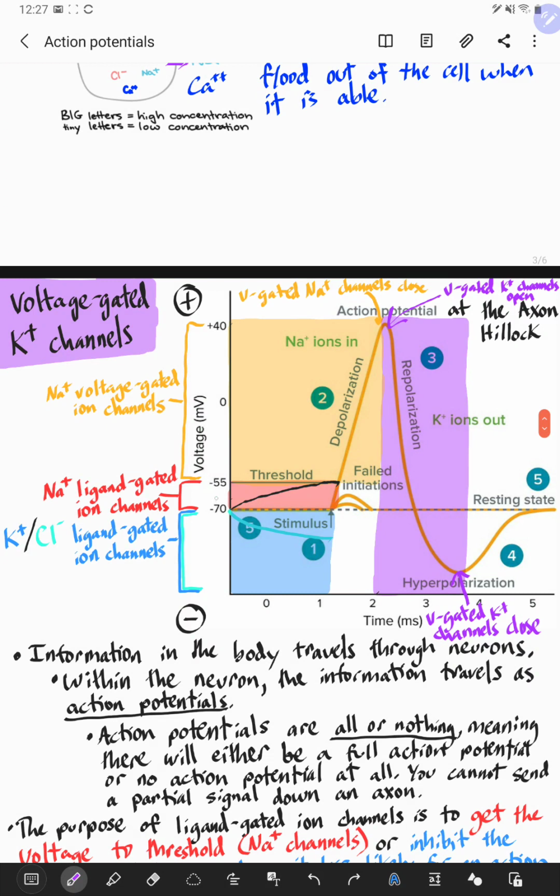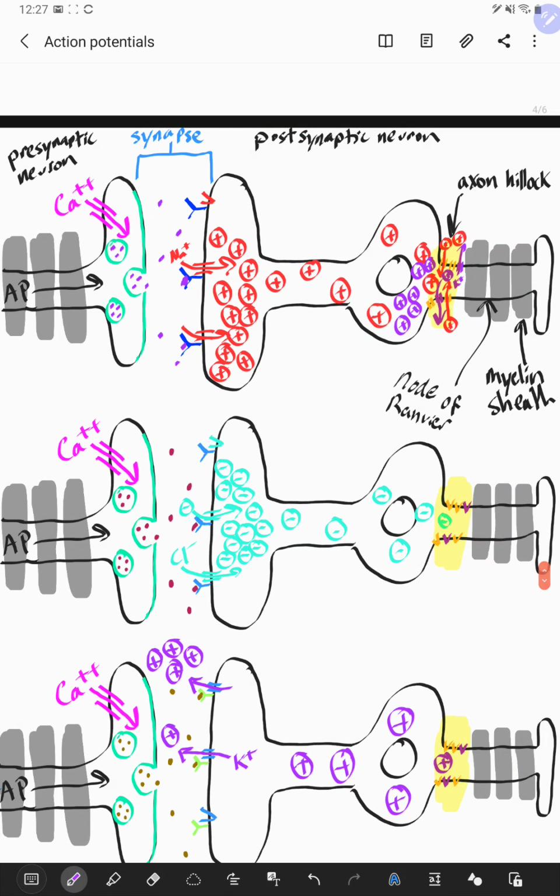So our cell has a resting membrane potential of negative 70 millivolts. But keep in mind, even though it has a negative overall charge, there are some positive charges inside the cell. As we talked about in the example with chlorine, if we add more negative charges inside, the cell is going to become more negative.